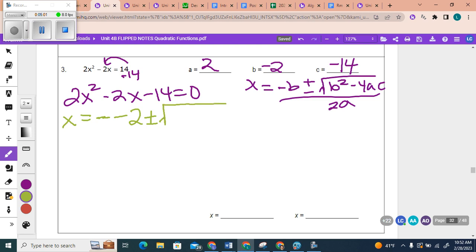Okay, plus or minus, b is negative 2 squared, minus 4 times a times c, all over 2 times a. All I did was plug in the a's, the b's, and the c's. I'm replacing the variables with the numbers. Variables represent unknowns. These are not unknowns. They are known by our equation.